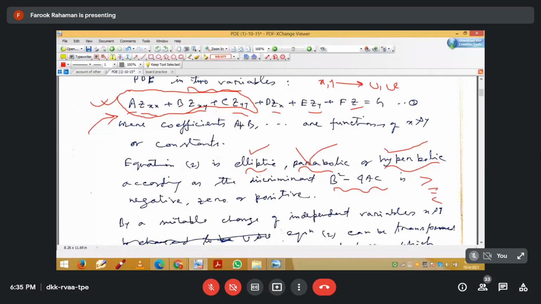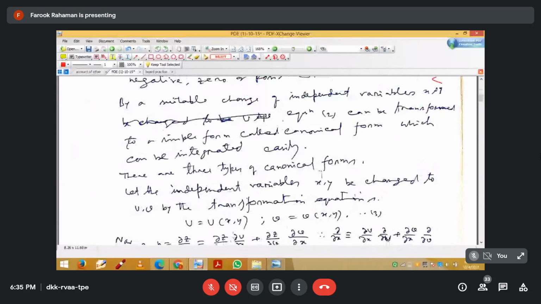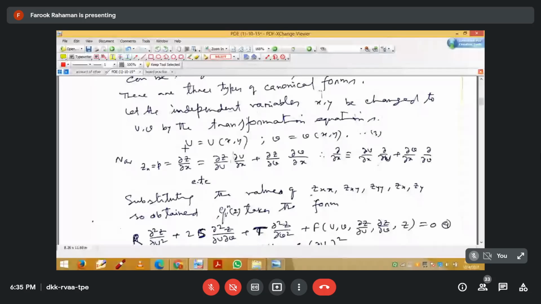Now, suppose we have the transformation like this. u is a function of x and y, v is a function of x and y. Now, if you try to find z_x, what is z_x? z_x means p.